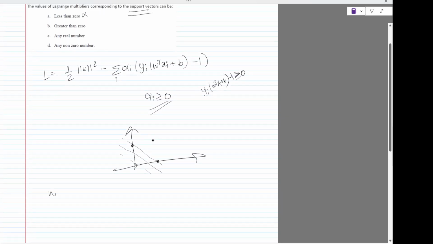So how do you get w? You get it by the sum of alpha_i y_i x_i. Here your alpha_i's are of two types. One is alpha_i greater than 0 and the other is alpha_i equal to 0.